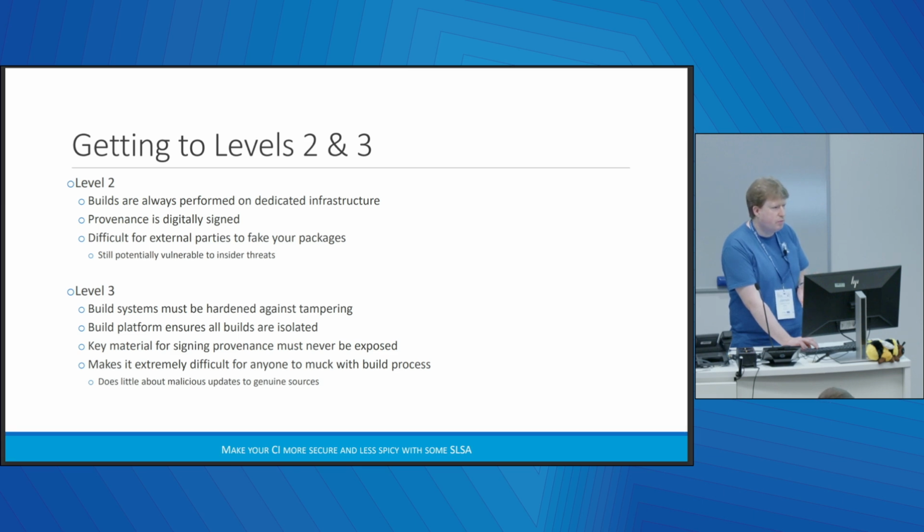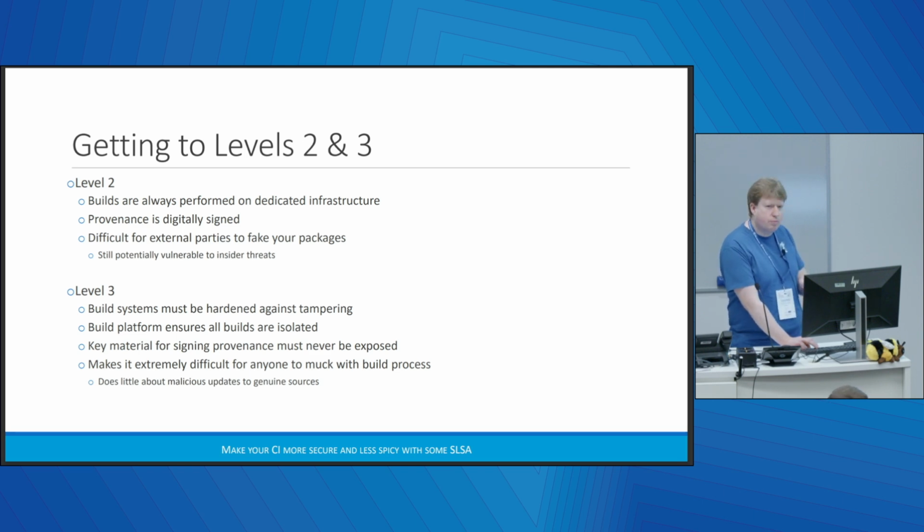I'm guessing for most people that's probably not going to be an issue anyway, but you should be able to strictly say, yes, we have no reuse of stuff and people can't do that. And of course, the key material for signing the provenance should never be exposed. I'd hope you'd try your best to make sure it's never exposed anyway, but it has to be pretty strictly done.